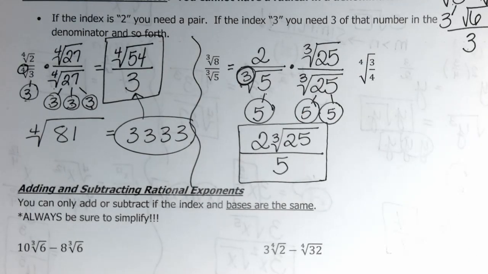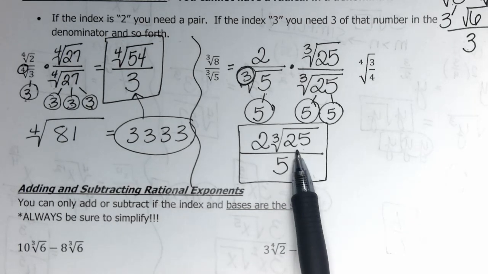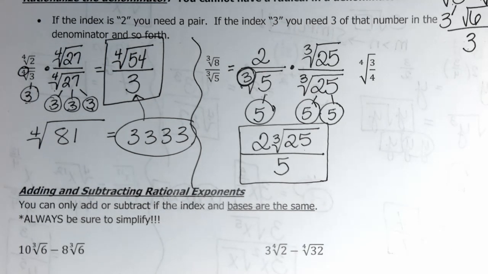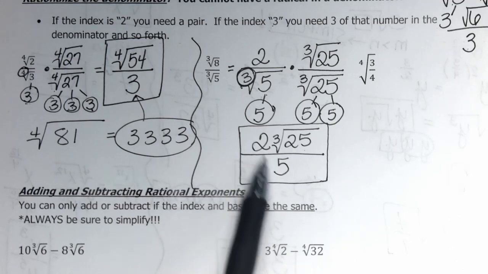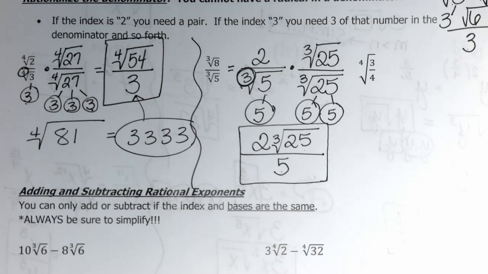So, why can I not simplify the cube root of 25? That's only 5 and 5, but your index is 3. If it was a square root, then yes, but a cube root I can't. Okay, and 2 and 5 can't simplify, so I'm done.